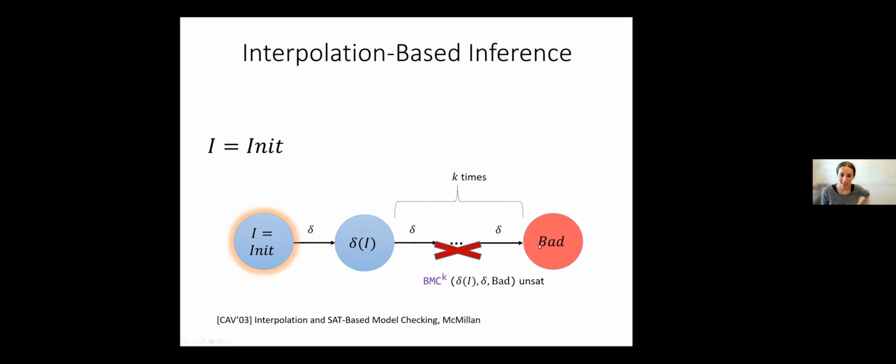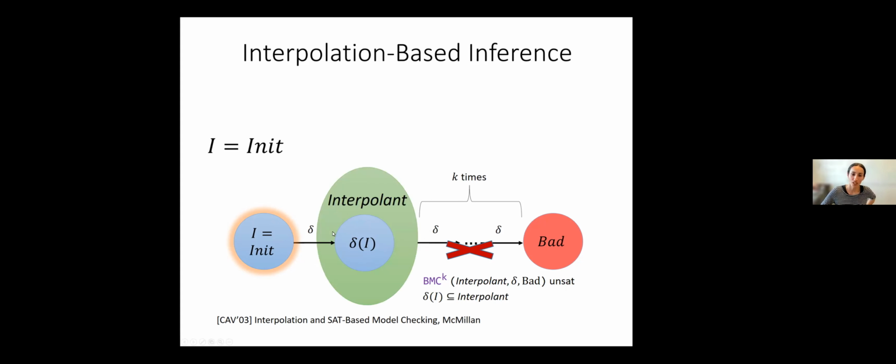And the idea in interpolation is now to extend our candidate I with some generalization of the post image of I, an interpolant, that generalizes the post image in a way that the interpolant still doesn't reach a bad state in k steps.